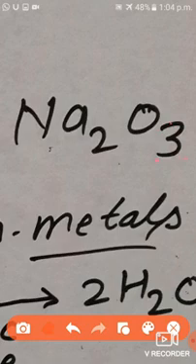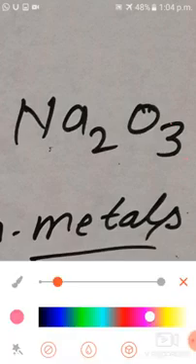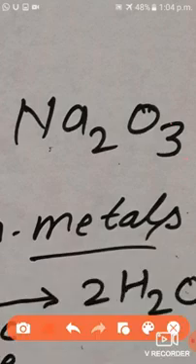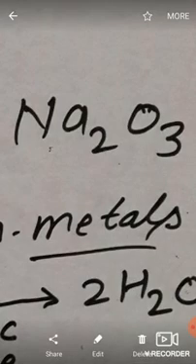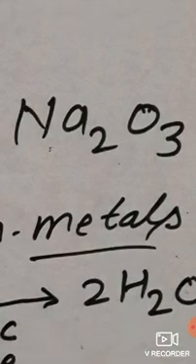So 2Na2O2, it is sodium peroxide. Clear that?